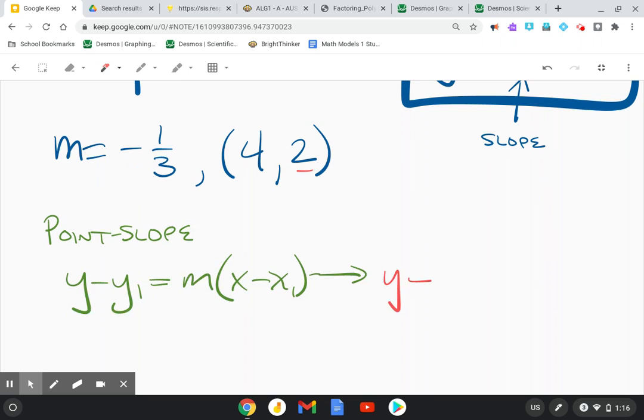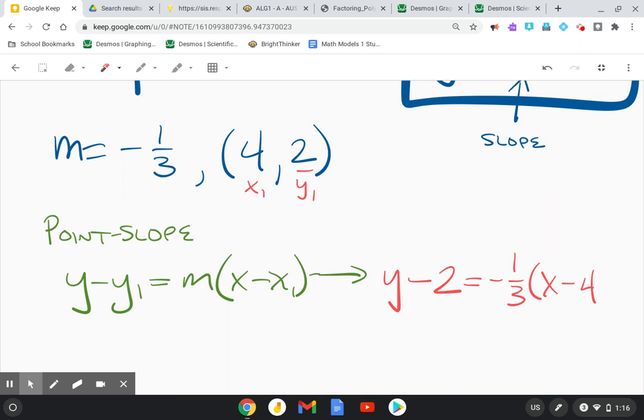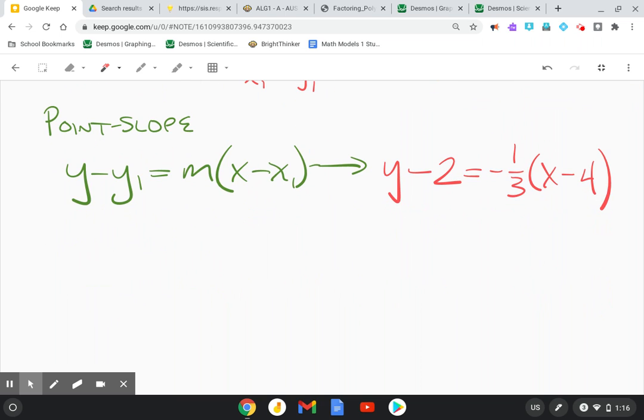Y minus y1, which is 2, equals negative 1/3 times x minus 4. I just realized I meant to change that, but that's okay, we'll finish it out. And then we work this out.